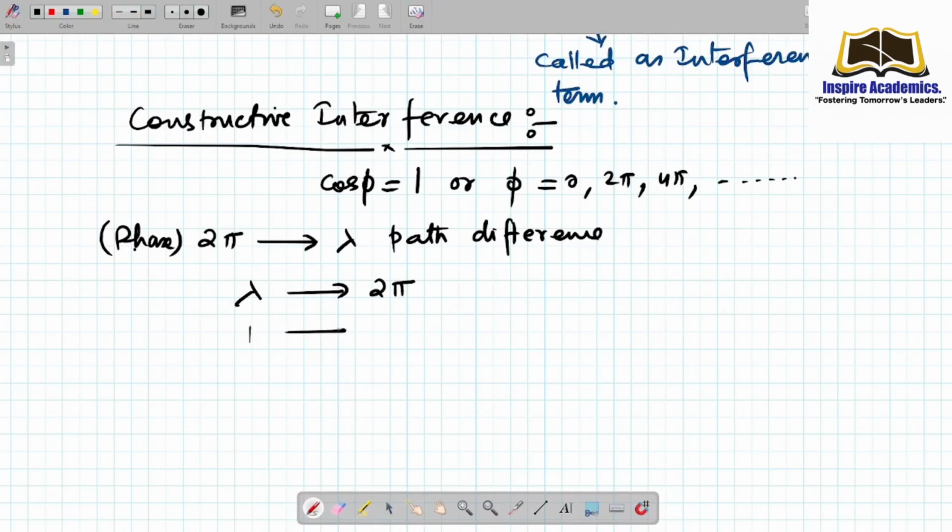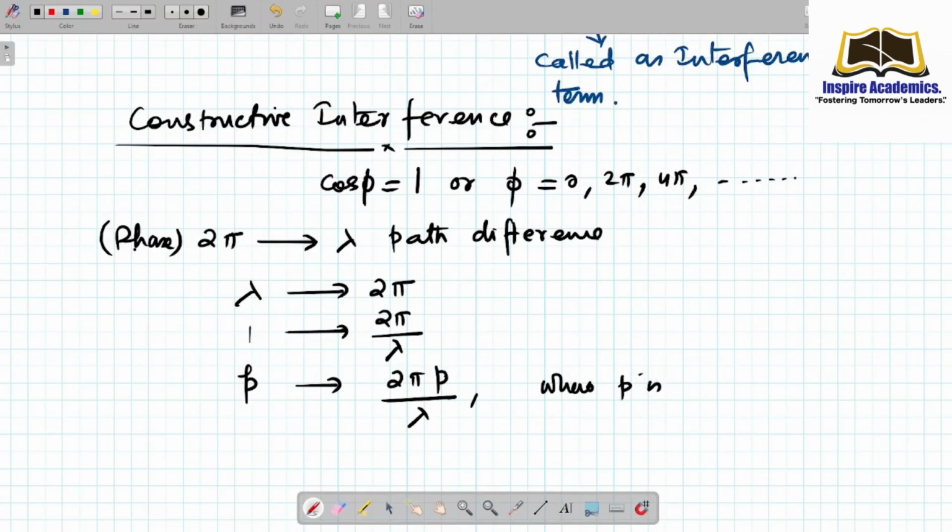So a unit path difference would correspond to 2 pi upon lambda, and if P is the path difference, then P would correspond to 2 pi P upon lambda, where P is an arbitrary path difference.